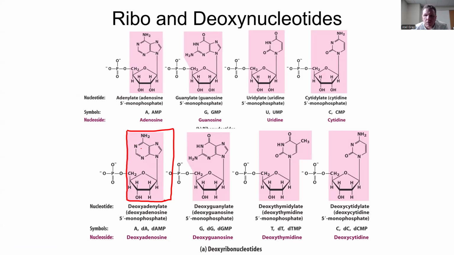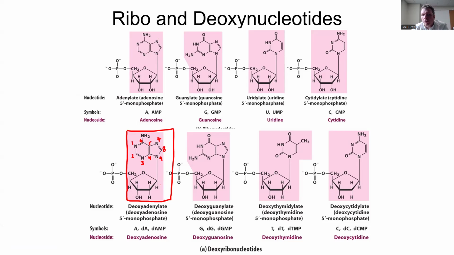I know that because I lack a hydroxide group, but I'm going to start right here on my nitrogen. I go counterclockwise: 1, 2, 3, 4, 5, 6, 7, 8, 9. Okay, so those are the numbers for those atoms.